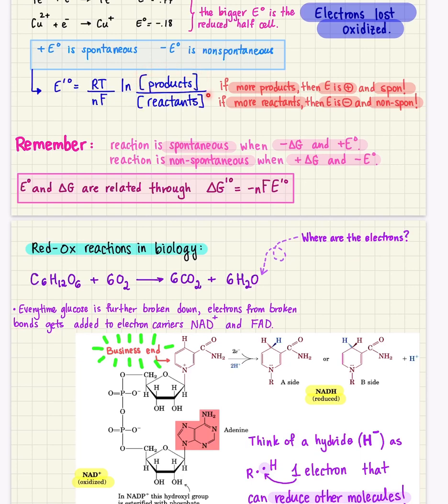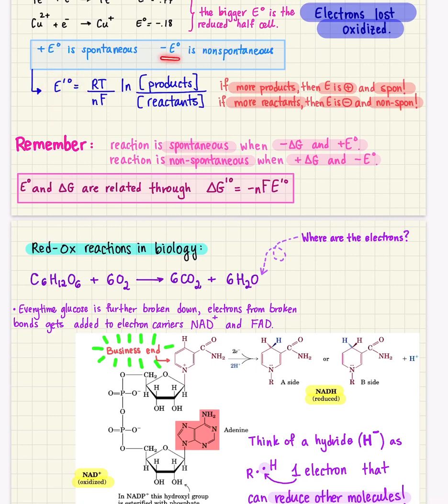Now, if we have more reactants, then you see how this fraction will be less than 1. And ln of a number that is less than 1, let's say 0.1, will give us a negative number for this part of the equation. This means that E will be negative.